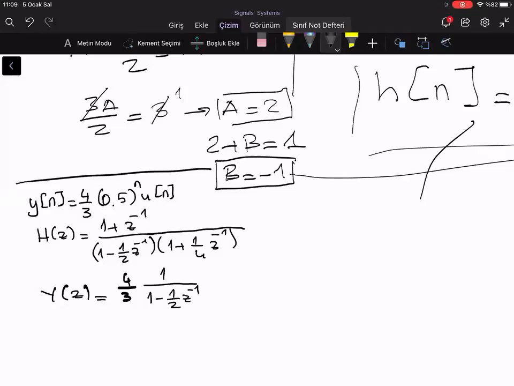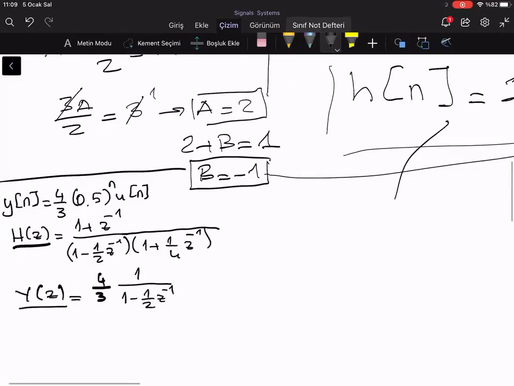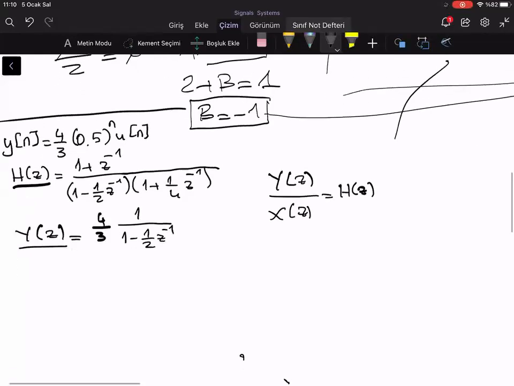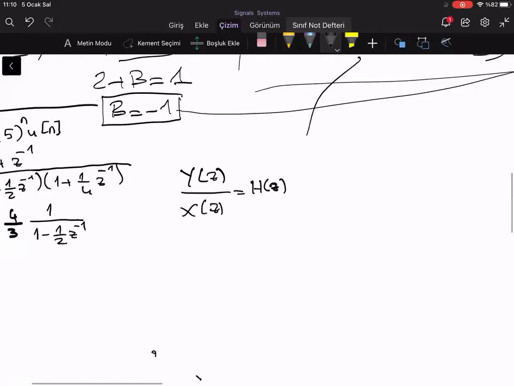So how do you continue, Furkan, when you know y of z and h of z? Hocam, y of z over x of z equals h of z. Yes, then we can find our x of z. I would say x of z is equal to y of z divided by h of z, right?